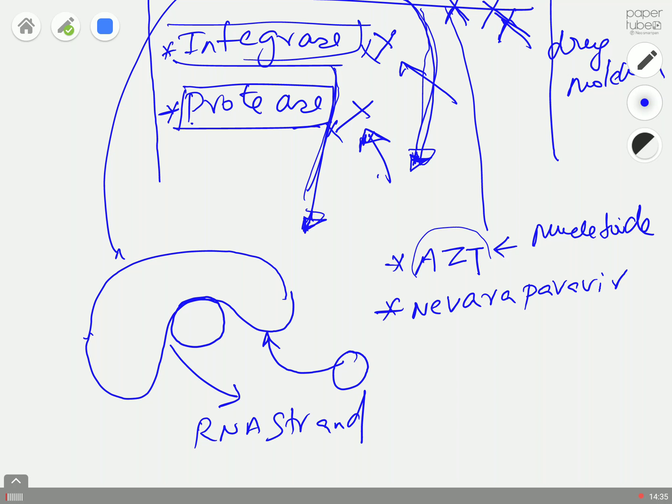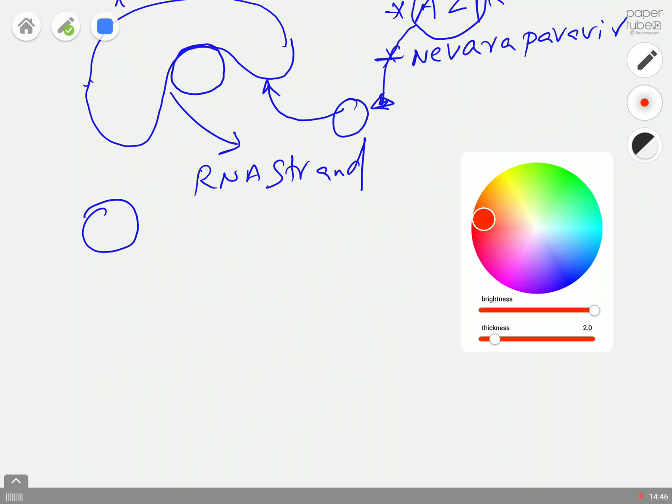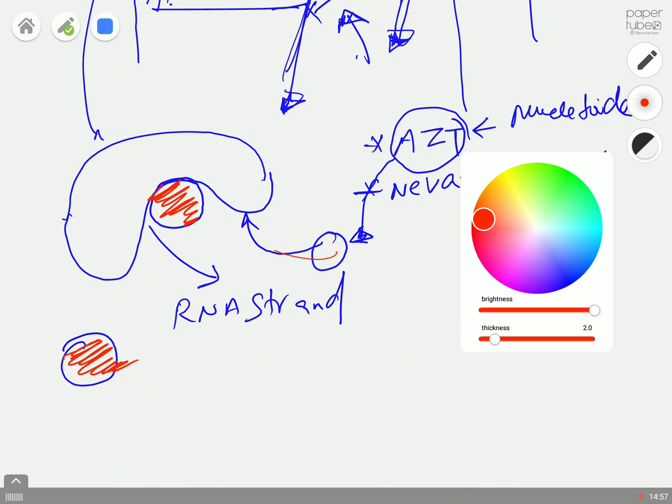This AZT molecule has the same structure as the nucleotide. So let's call this one AZT, your drug molecule. It will go and lock into this enzyme, which means the enzyme cannot accept or bind the nucleotides.